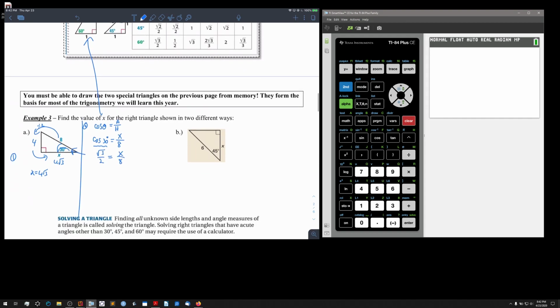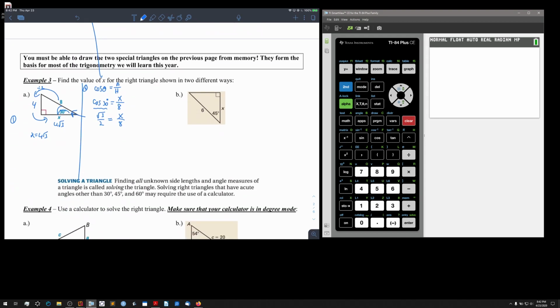All right, and then you can say, okay, so multiply both sides by 8, and then you just get 4 root 3 equals x. Same answer. Okay, same answer. One is just doing some math because you didn't necessarily understand the relationships between the sides. The other one is I know the relationship between the sides, I don't need to do all this.